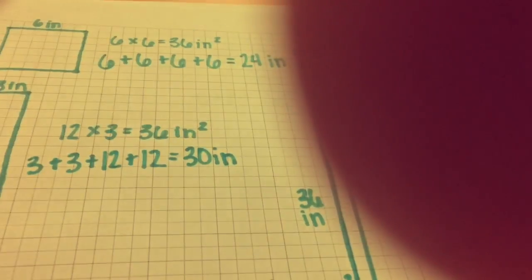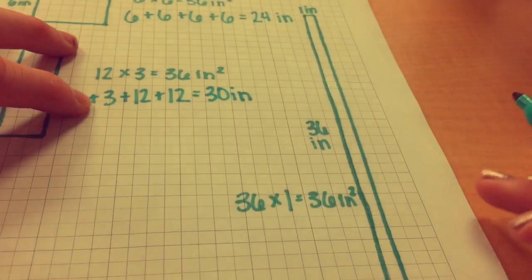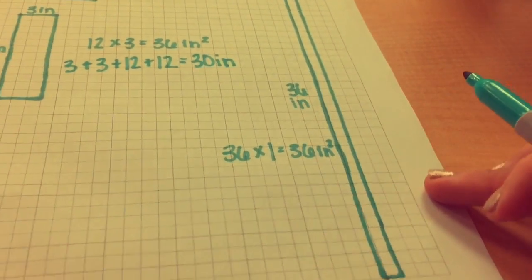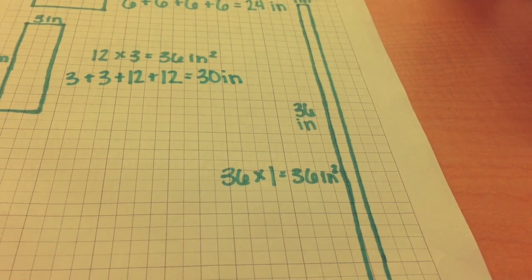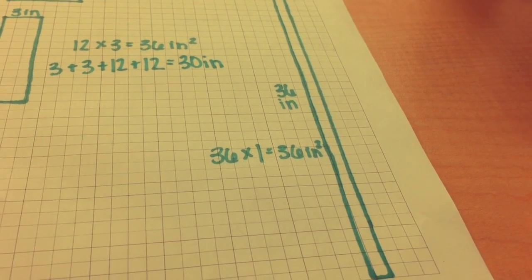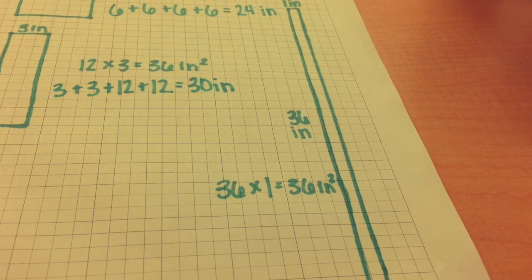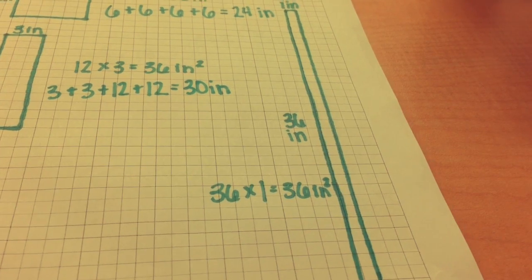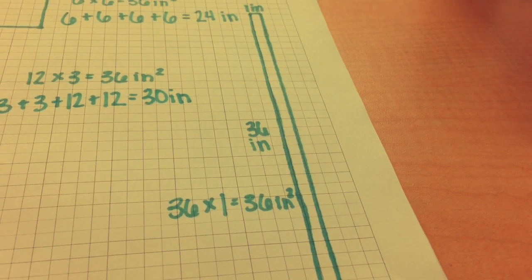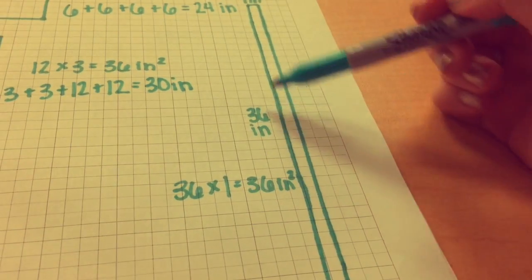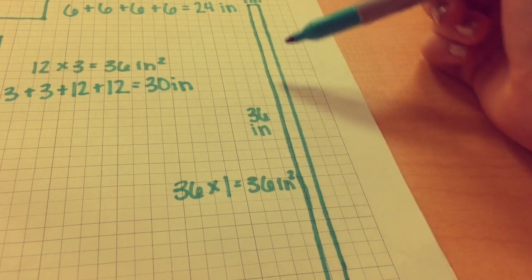And let's find the perimeter of our very last shape. It's a long one. Pause and think about how you could find the perimeter of this very last shape. To find this perimeter, we can add up 36, this nice long side, plus another 36.